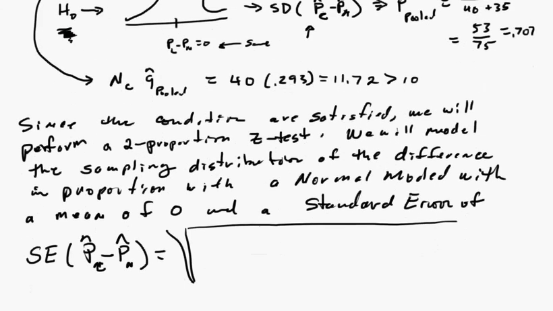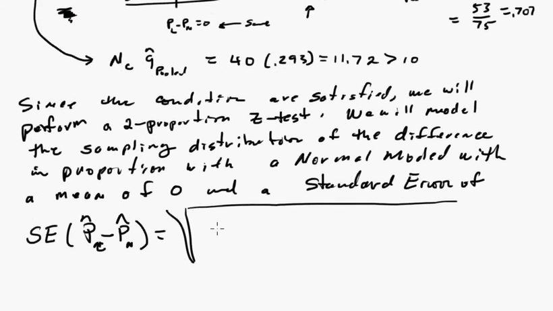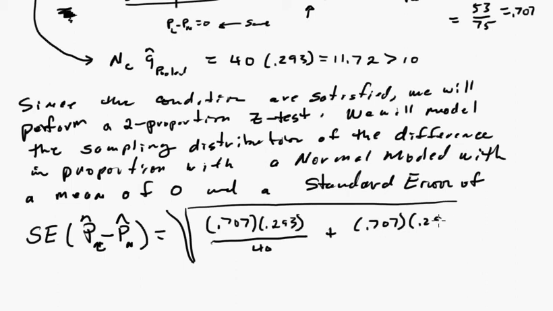So what was it, 0.707 times 0.293, all divided by 40, plus 0.707 times 0.293, all divided by 35.